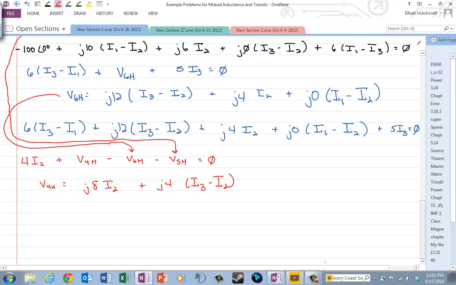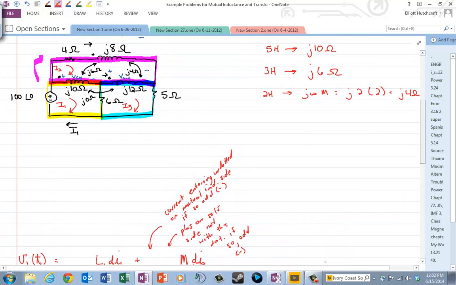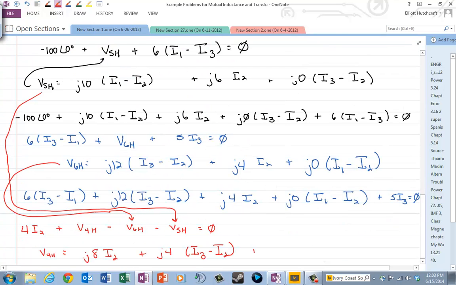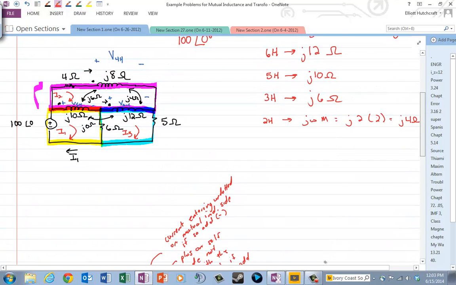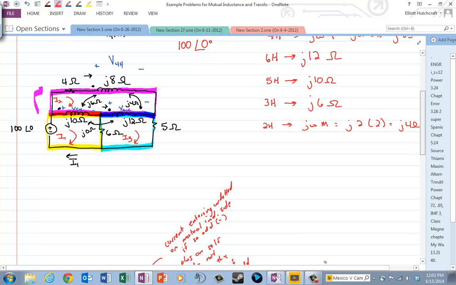And then I have the J6 ohm mutual term with the 5 Henry inductor there, so plus J6, and then I need the current going into the dot of that one, and if I have that, then I'll put a plus sign.